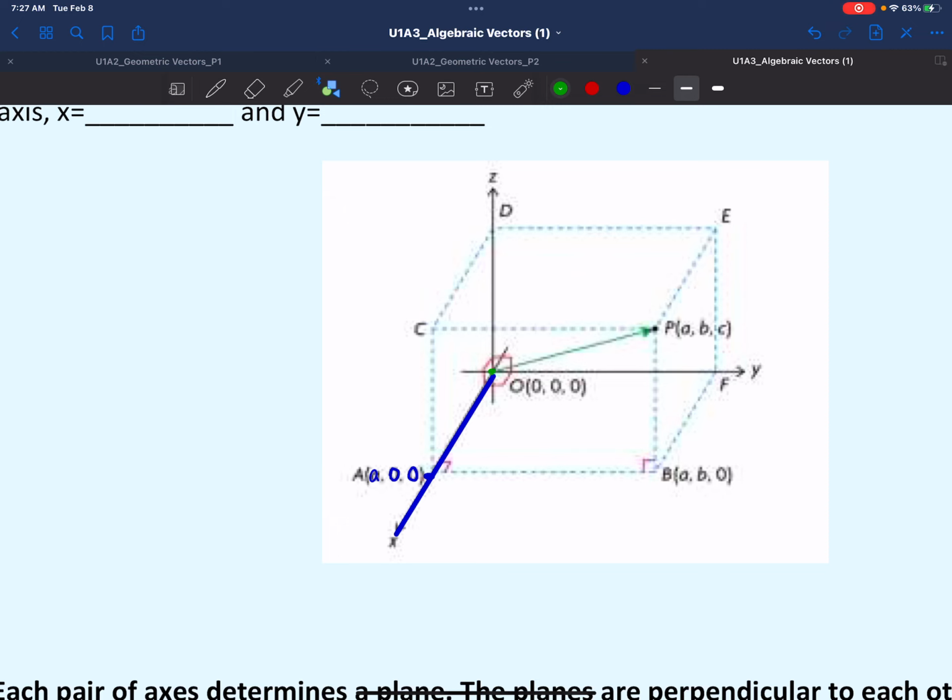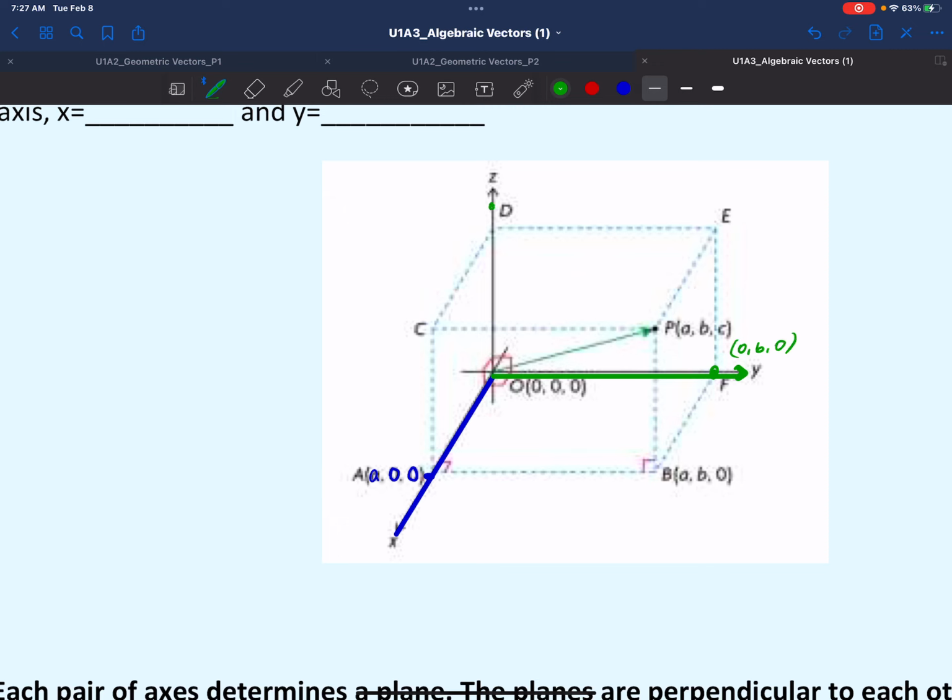Similar to this, any point that is located on the y-axis, say for example, right here, will have the x-coordinate 0, the y-coordinate some number, and the z-coordinate 0.